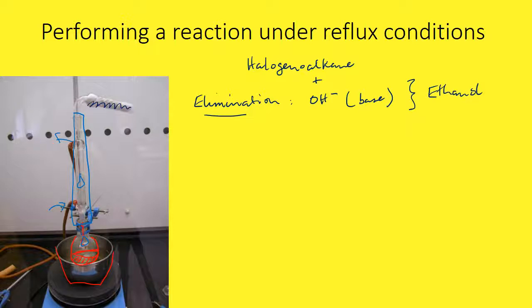Now we can also use reflux to create a substitution reaction, and which one it is is determined by the conditions. Right? So again, we've got a halogenoalkane. Again, we've got hydroxide ion, and in this case it is the nucleophile.